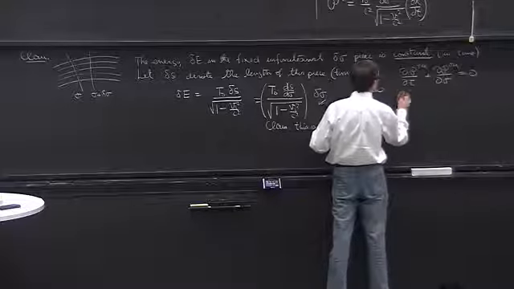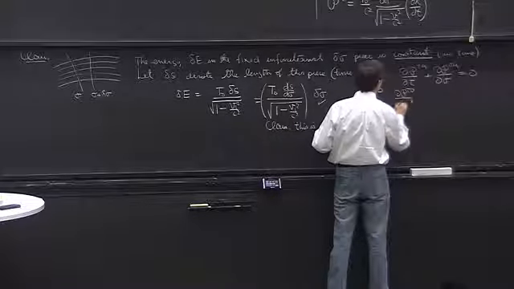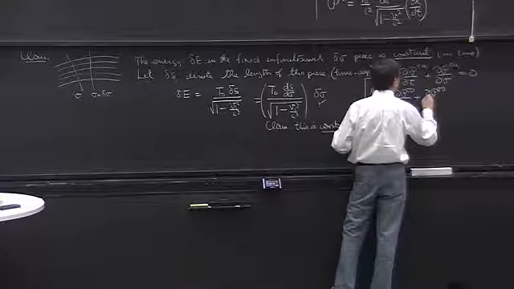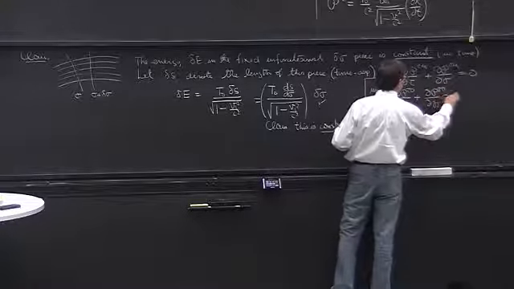You have dp tau 0 d tau plus dp sigma 0 d sigma must be 0.